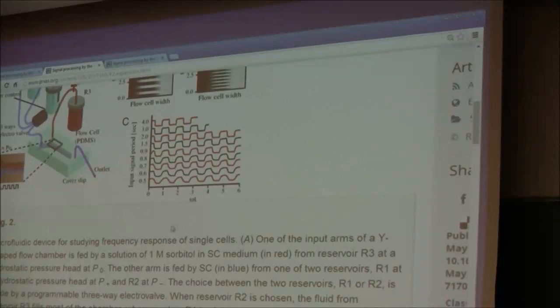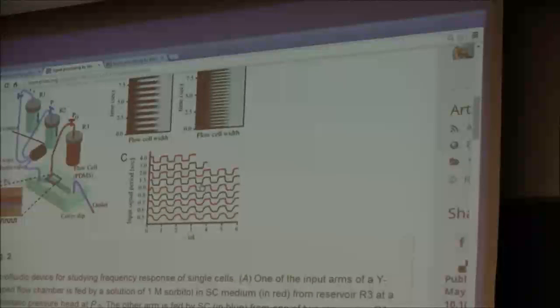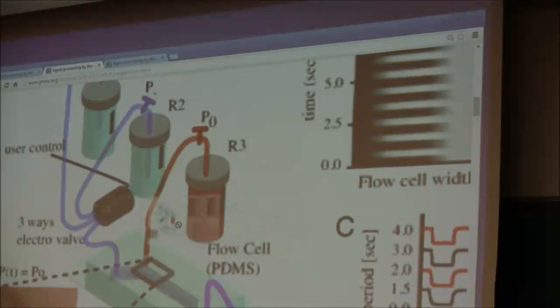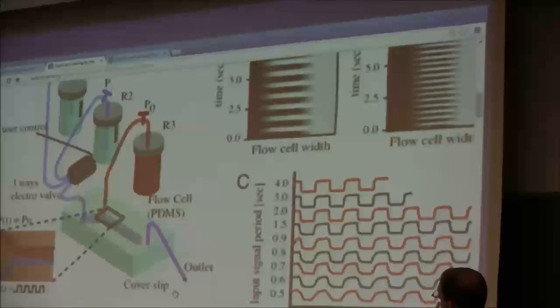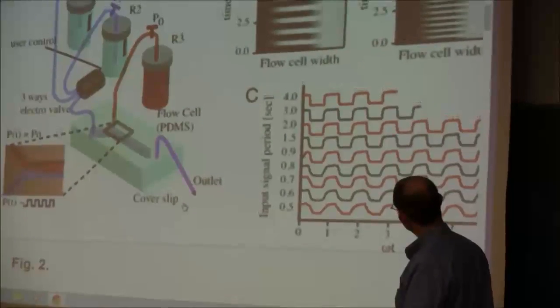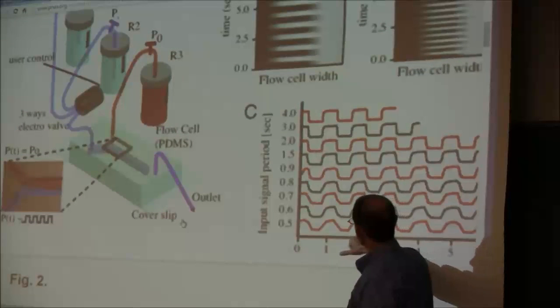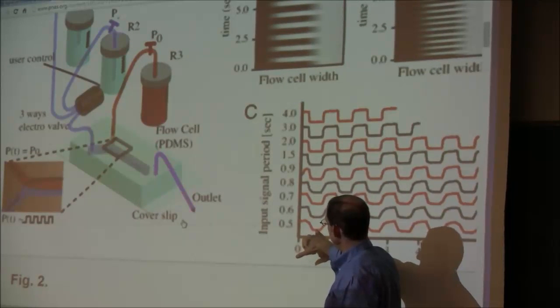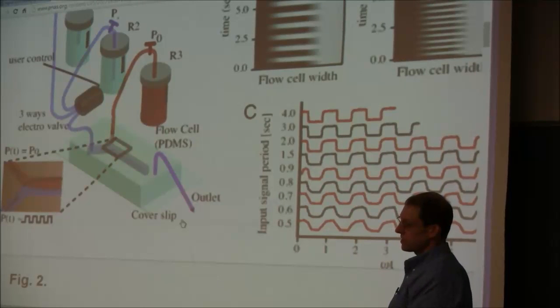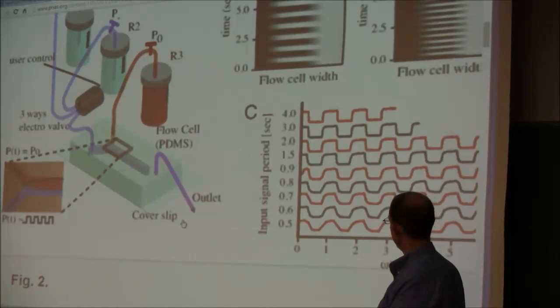So what they're doing here is they're looking at what the input is in the middle of a cell for different switching frequencies. So they say that for switching frequencies faster than a period of half a second, they're sort of losing the ability to switch rapidly enough, like the fluid's not getting replaced.